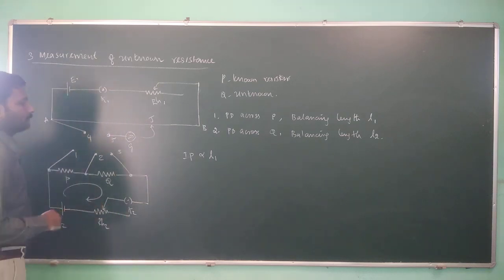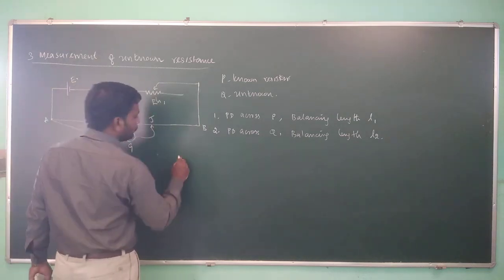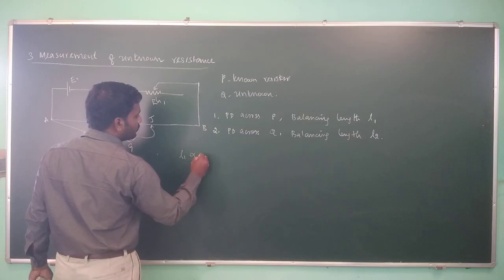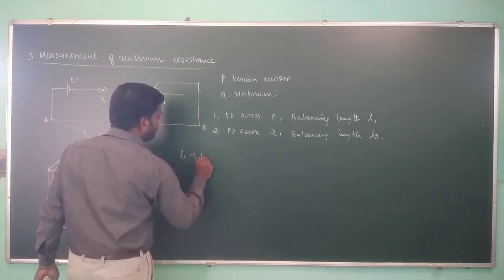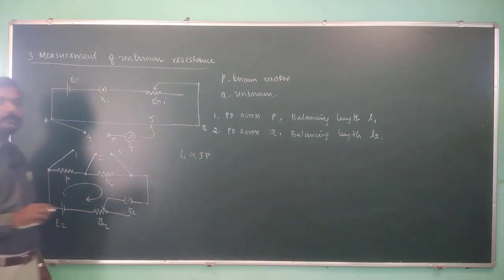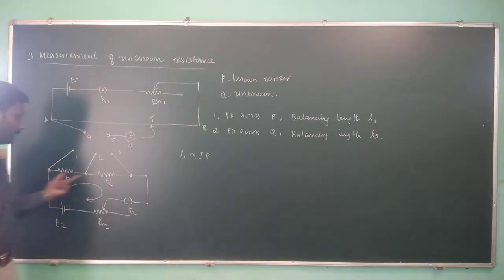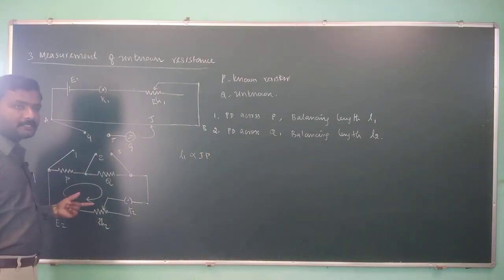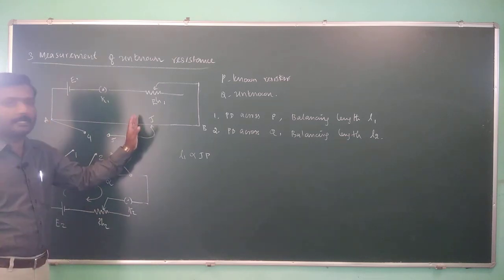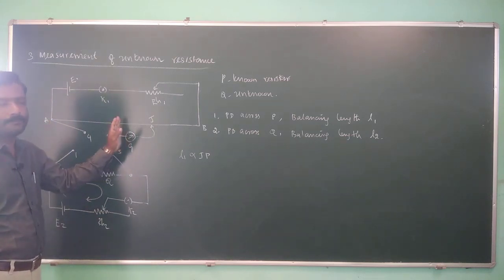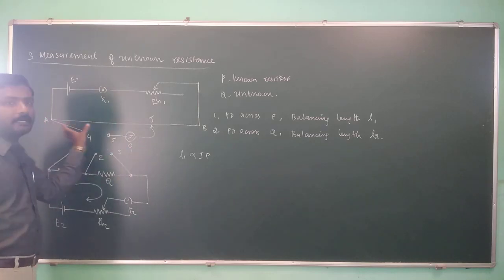You can say that the balancing length L1 is proportional to IP. If the current and the resistance are high, then it will take more length to balance in the potentiometer. If it is low, then it will be balanced quickly.